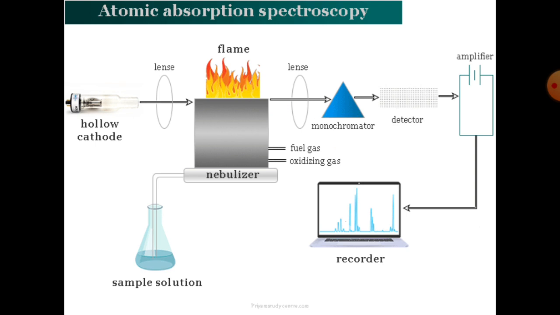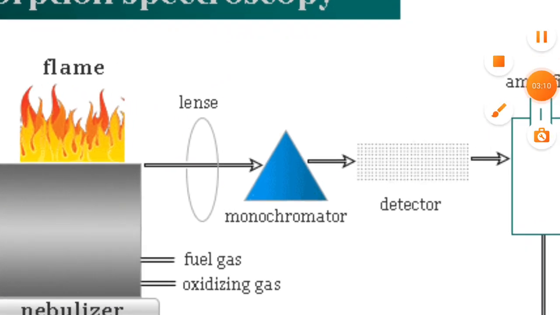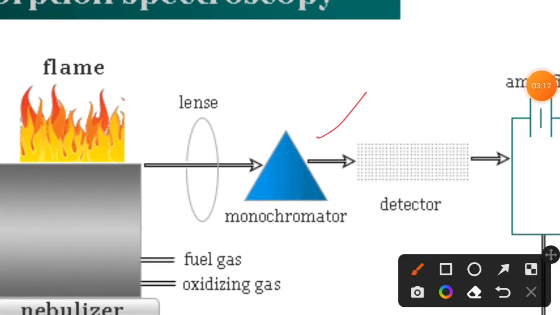We need to exclude all the others. So that is why we will choose a particular wavelength, that is this one, with the help of this monochromator. And this monochromator is designed in such a way that it will only allow the wavelength of light that we want to use for our detection purpose.